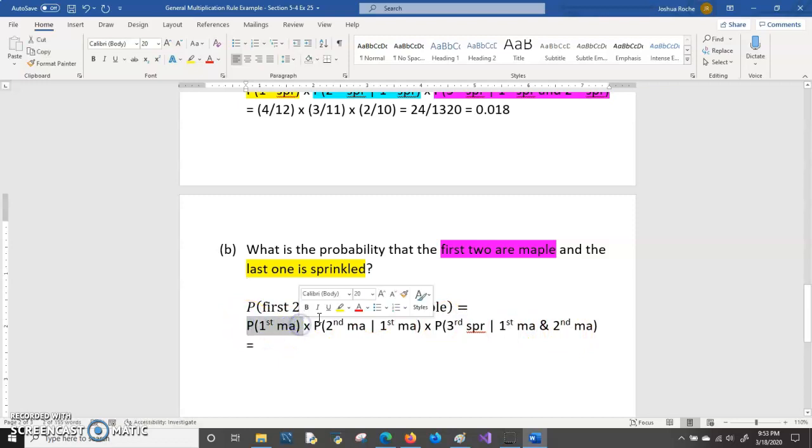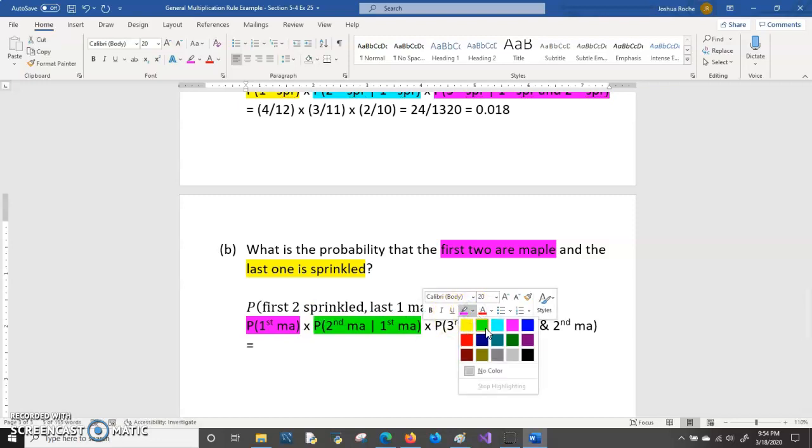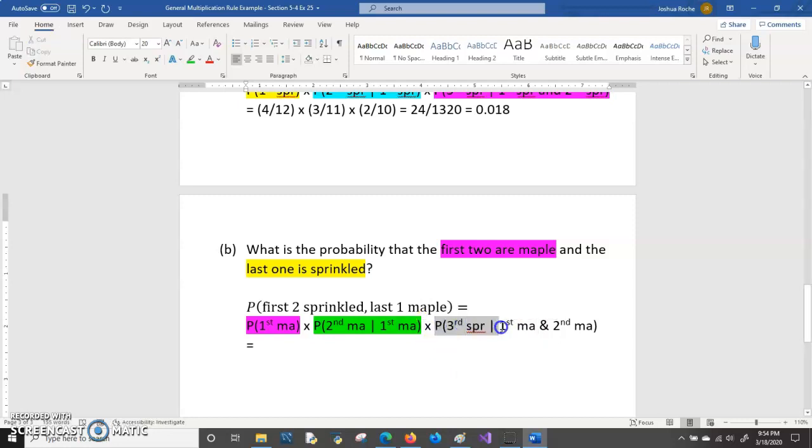The first one is a maple. This one is the probability the second one is a maple, given that the first one was also a maple. And this is the probability that the third one is sprinkled, given that the first 2 were maple.